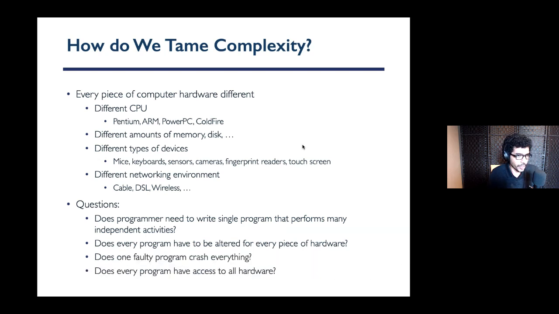If we have an application that is faulty, does it usually crash the entire system? Hopefully, and we can ask these questions more and more, hopefully the answer is no. And that is the beauty of operating systems.